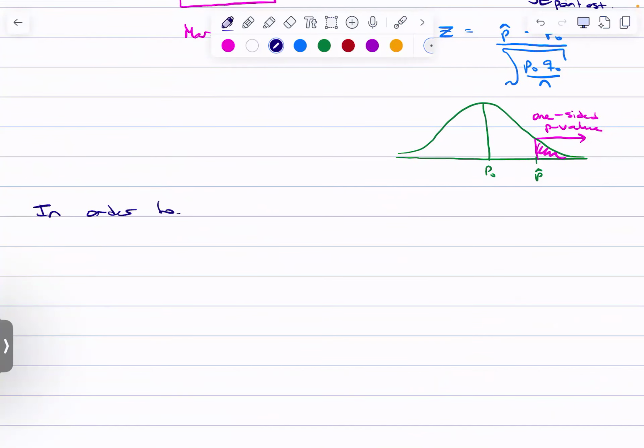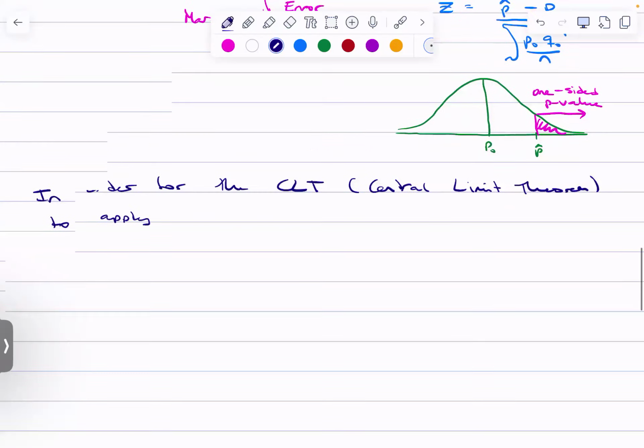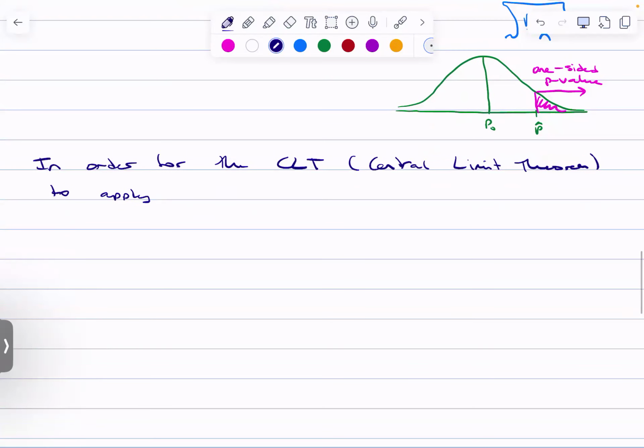In order for the CLT, which I'm not sure I mentioned, but it's called the central limit theorem, and I know I've mentioned it before, but in order for the central limit theorem to apply, some conditions must be satisfied.